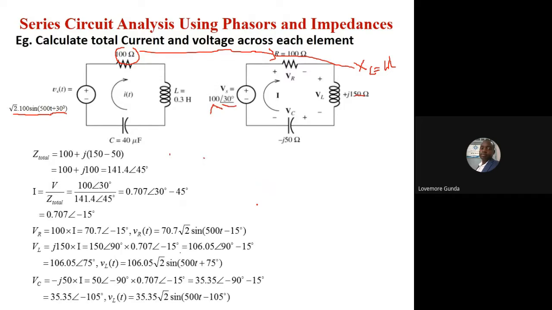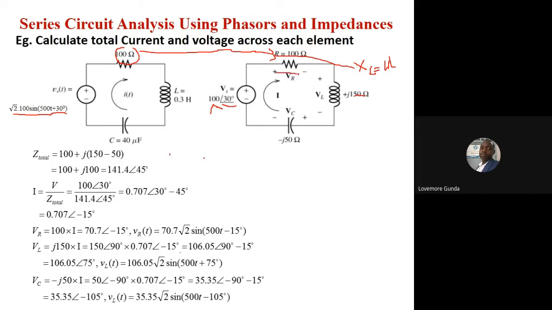Okay, so let's go. We said calculate the total current and voltage across each element. Just like in DC, when you want to calculate the total current, the first thing that you have to do is to calculate what? The total resistance. So in this case, we also want to calculate the total impedance. Okay?